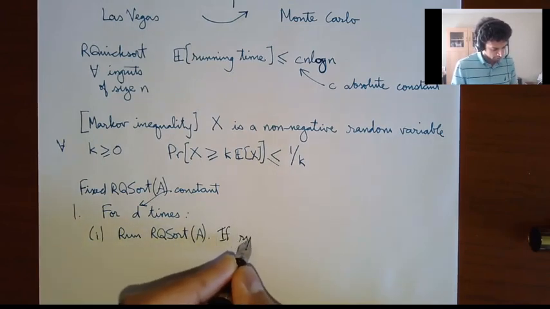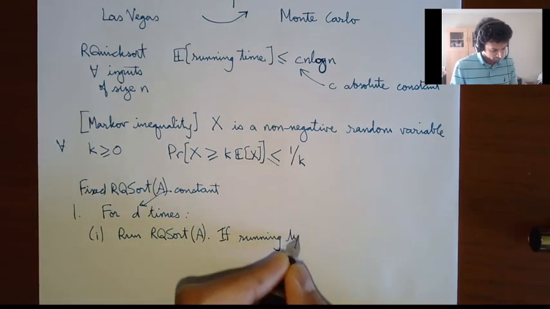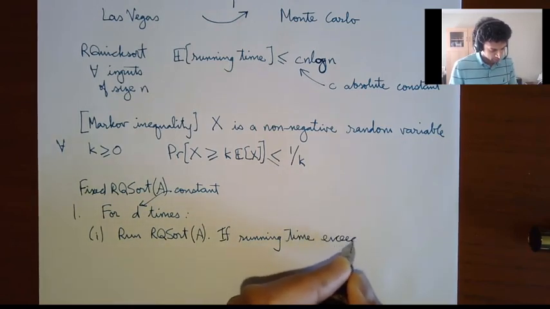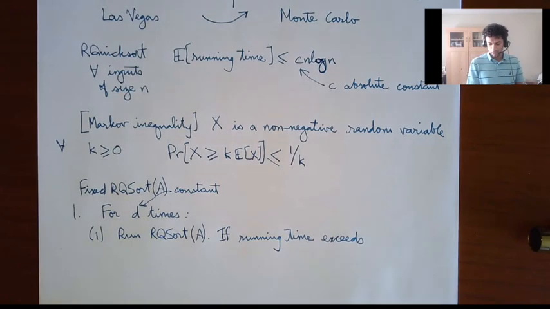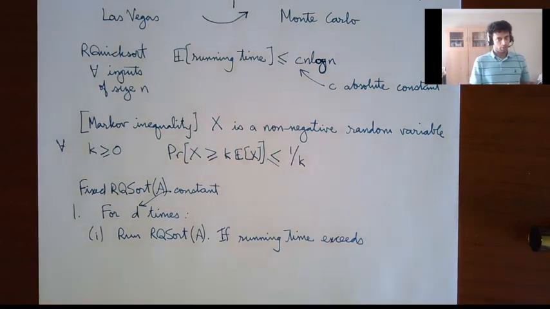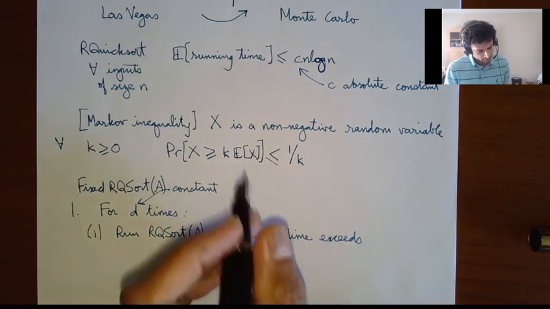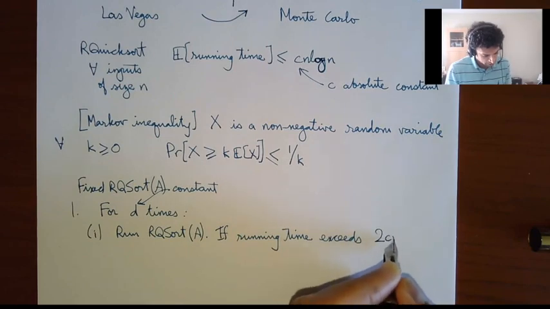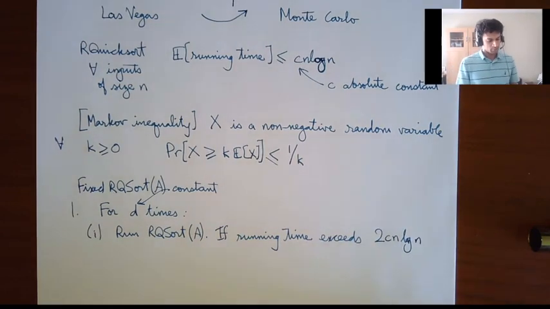If the running time exceeds, let's say I can just put in some parameter here, I'm just going to put some number over here so that we can quantify this. If the running time exceeds 2Cn lg n, right?